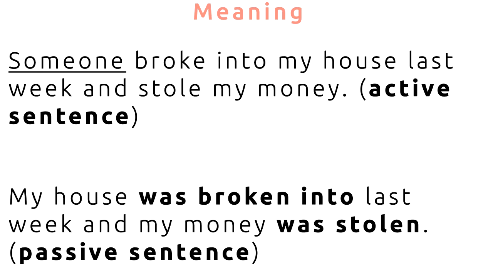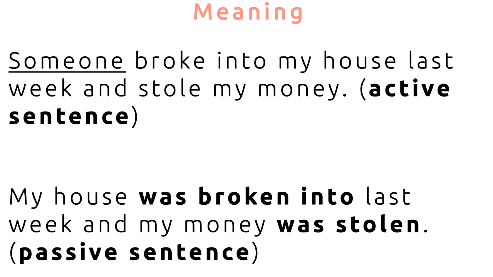What is the difference between the two sentences? Well, look at the first sentence. I've underlined the agent of the sentence, someone. The agent of a sentence is the person or thing that does something, the doer of the sentence. So someone did something in the first sentence.